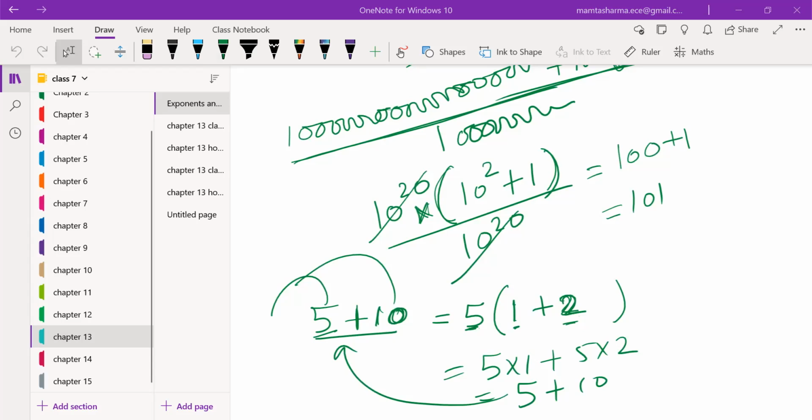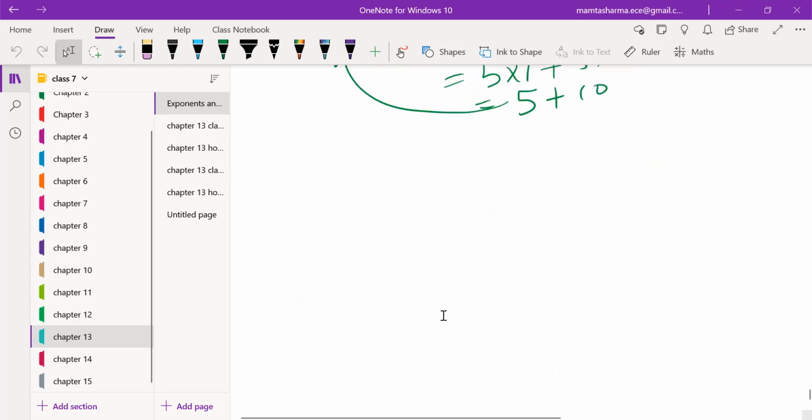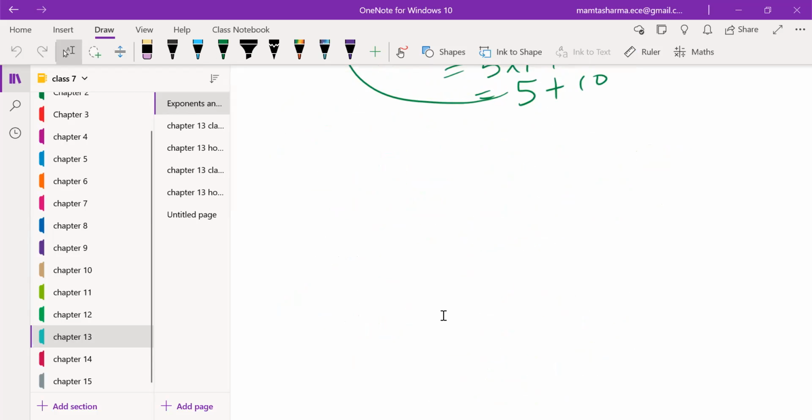After selling the phones, there was a loss of 4% on the first phone, while a profit of 8% on the second phone. Calculate the overall gain or loss percent on the whole transaction. We will discuss that tomorrow, in the next class. First, let me finish the theory part. After that, we will take that question.